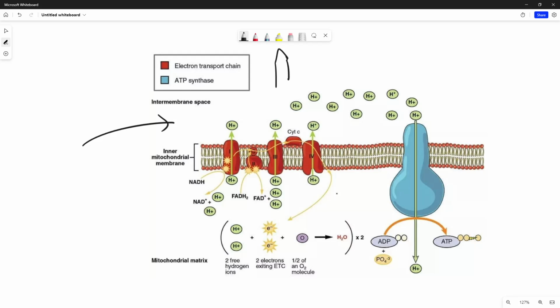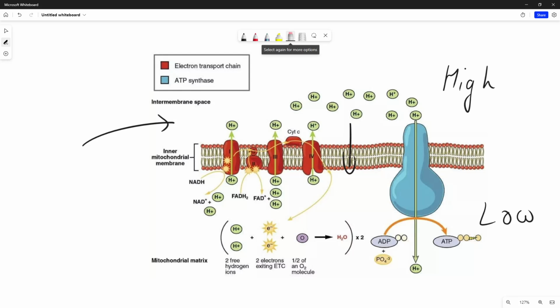So we have hydrogen protons being pumped from the mitochondrial matrix to the intermembrane space. Now there's a high concentration of hydrogen protons here and low here, and these want to go here, but they can't, because first they're protons, and charged particles can't get through easily, and two, they have no medium of transport yet.